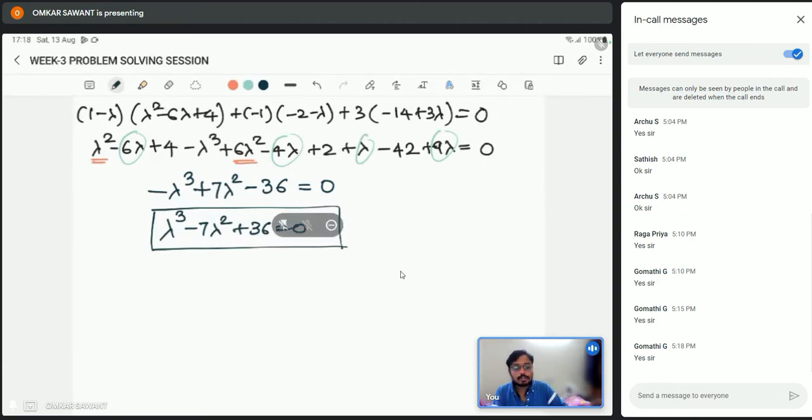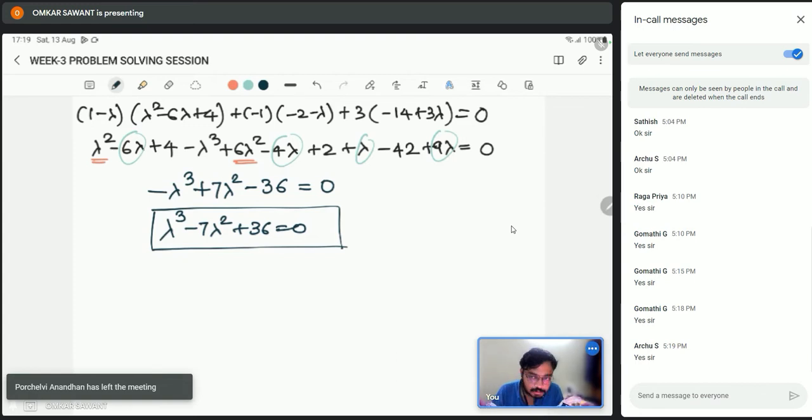Lambda cube minus 7 lambda square plus 36. Right? Is it clear up to this? And this is your power 3 equation, right?